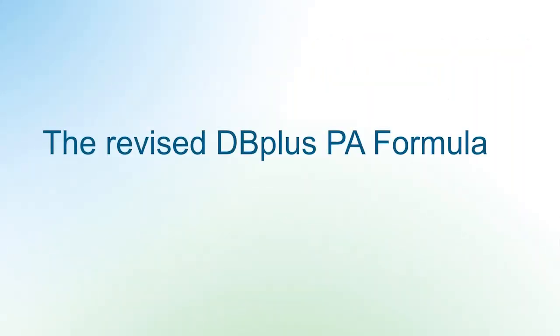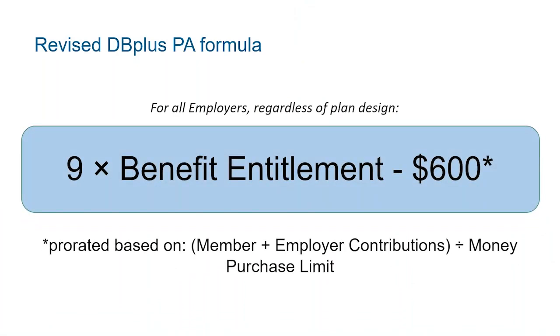This brings us to the revised DBplus PA formula. You will notice that the base calculation, 9 times the benefit entitlement minus $600, is exactly the same as the formula we have now. The only change is to introduce a new proration factor for the PA offset.